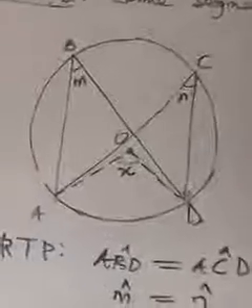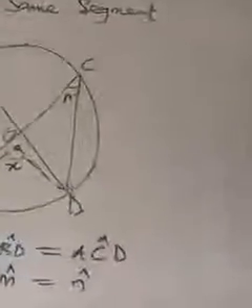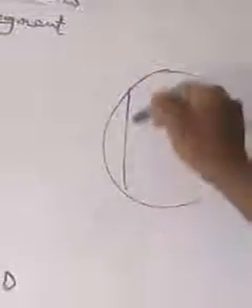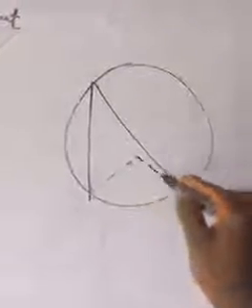Now if you are to interpret this very well, what we are having here is this. This is the first one, this is the second one. The first one goes this direction, then this is OA.